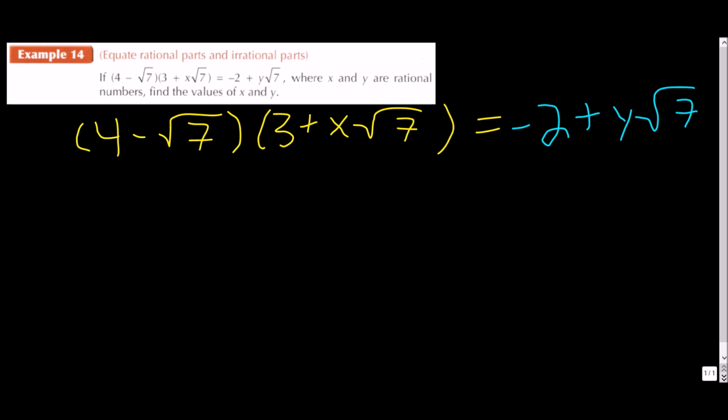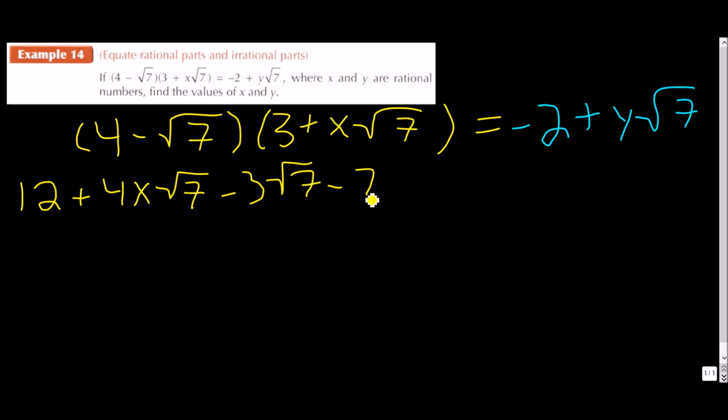I get 4 times 3 makes 12. The outside is 4 times x times the square root of 7, which makes 4x times the square root of 7. The inside makes negative square root of 7 times 3, which makes negative 3 times the square root of 7. And then the final part is negative square root of 7 times x times the square root of 7, which makes negative 7 times x.